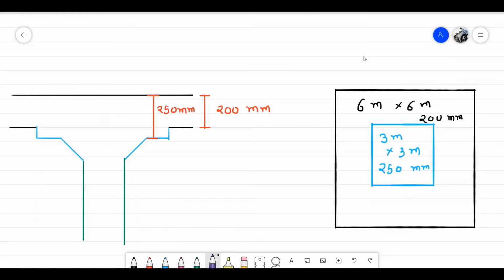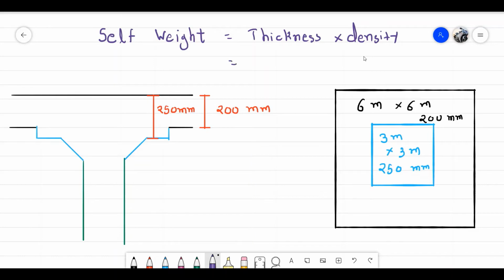Now we are going to calculate load. First we calculate self weight. The self weight equation is thickness into density. Density is 25 because we have concrete here, but thickness is changing.